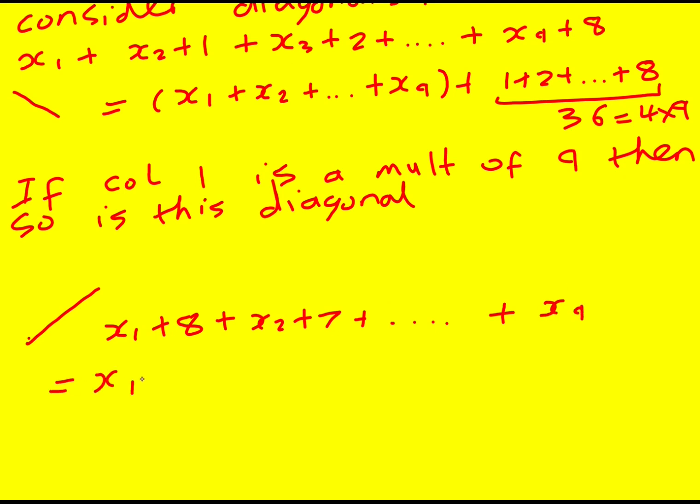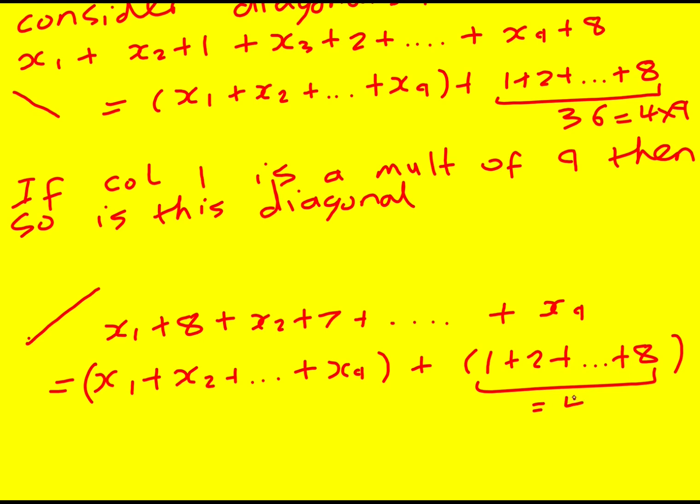And that is again going to be x1 plus x2 up to x9. I'm going to get the same sum. Also divisible by 9 if the first column is.